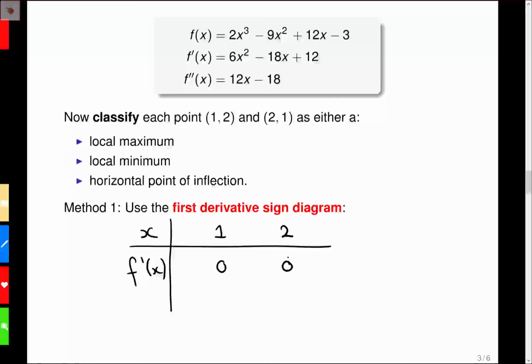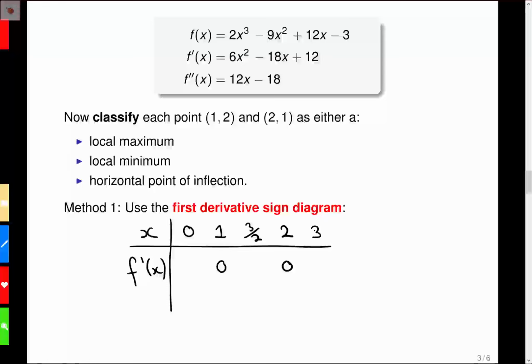We now choose some x values. Firstly, one that's slightly to the left of 1, for instance 0, and then one that's between 1 and 2, for instance 3 on 2, and one more than 2, for instance 3.